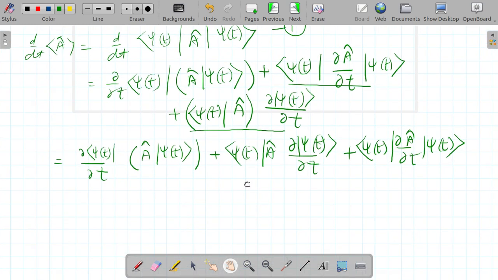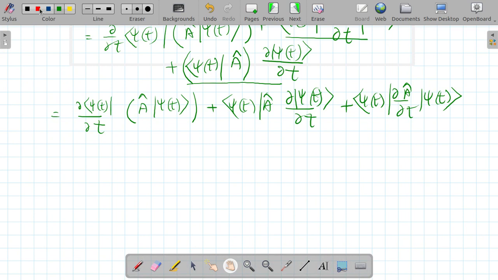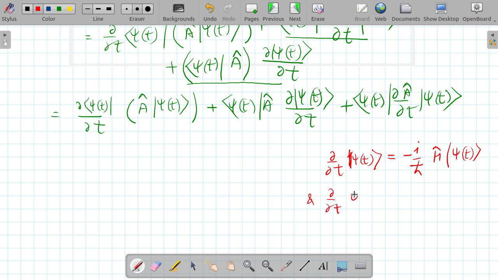And as we have defined in the earlier lectures, this curly over curly t psi t is equal to minus iota over h cross H psi t, and curly over curly t psi t, this we have defined as iota over h cross this psi t, this is the H operator, right?